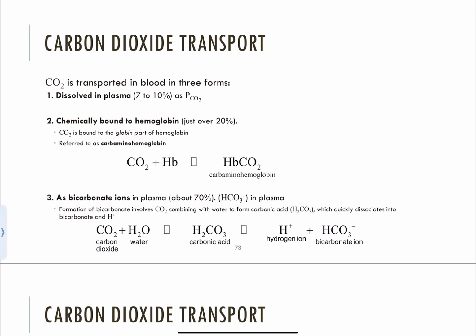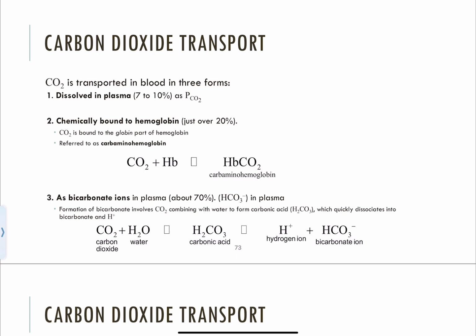One distinction between hemoglobin carrying carbon dioxide and hemoglobin carrying oxygen is that oxygen is bound to an iron atom in hemoglobin. Carbon dioxide isn't bound at the same place. It's not bound to an iron atom. Instead, it's bound to one of the amino acids in the globulin chain, which is why it's called carbaminohemoglobin.